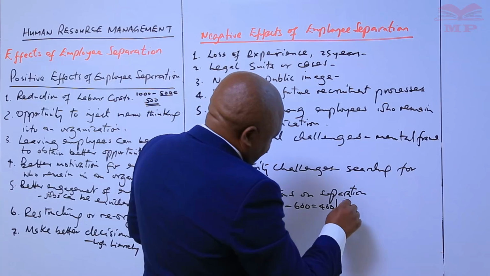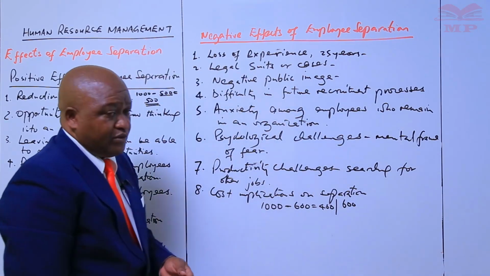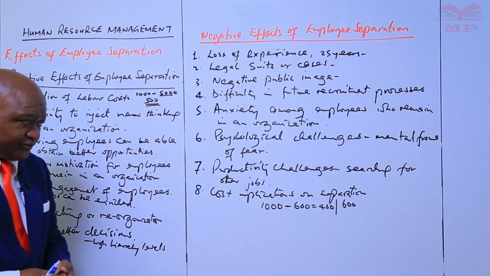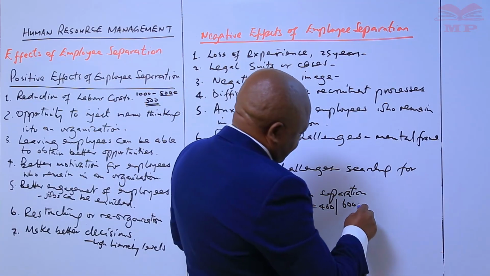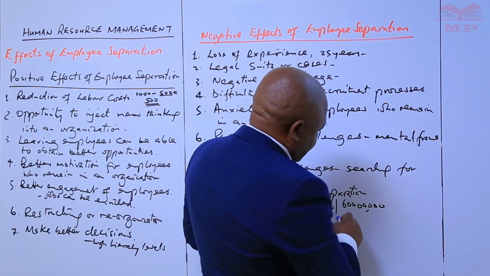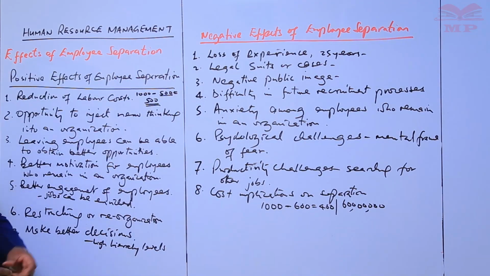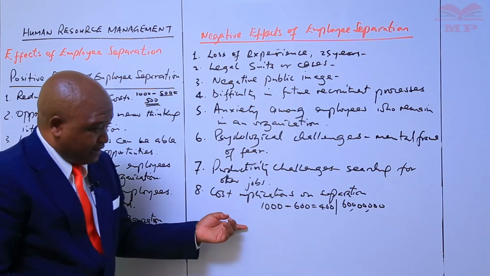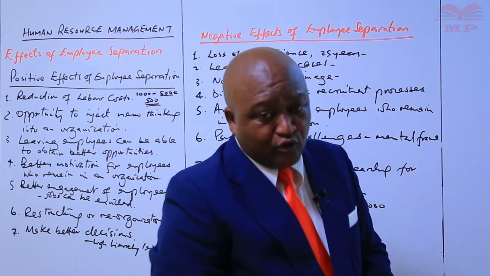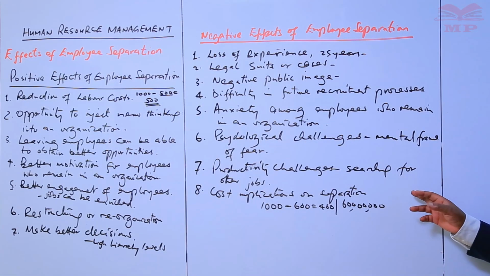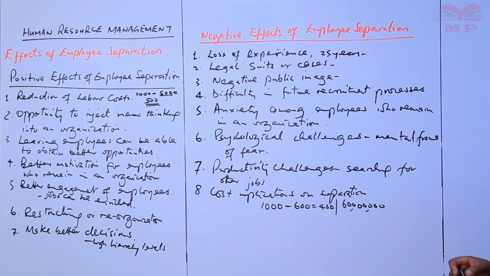So if now these 600 workers have to be paid separation, for example, severance pay at the rate of, say, 100,000 each, you are going to have the organization spending almost 60 million shillings on that separation process. So 60 million shillings has to be spent, and that now becomes a negative implication of the separation process. So that again could create a problem within that particular work environment.